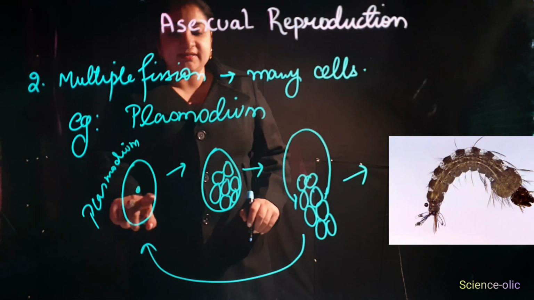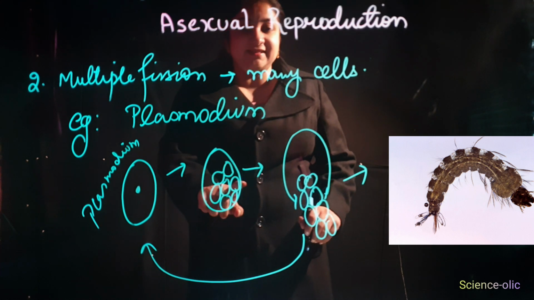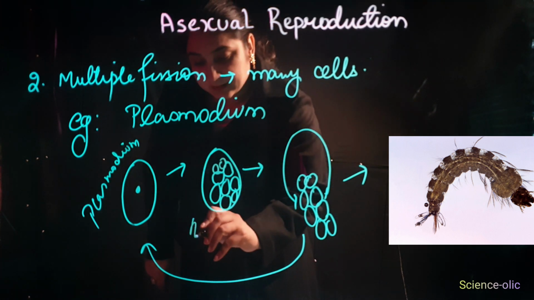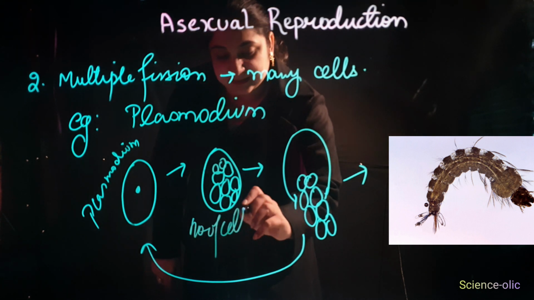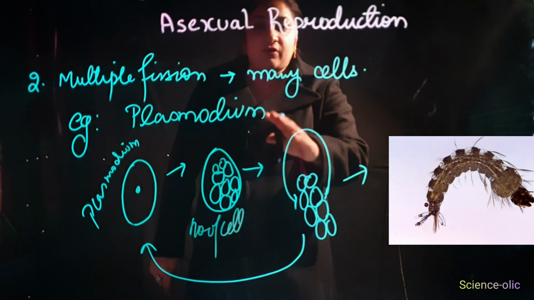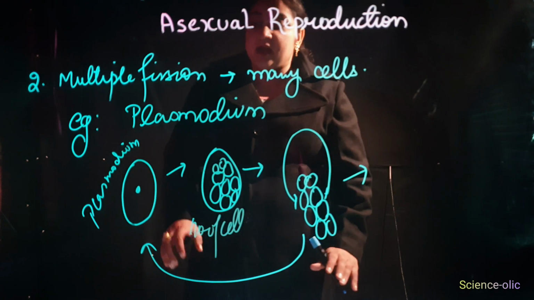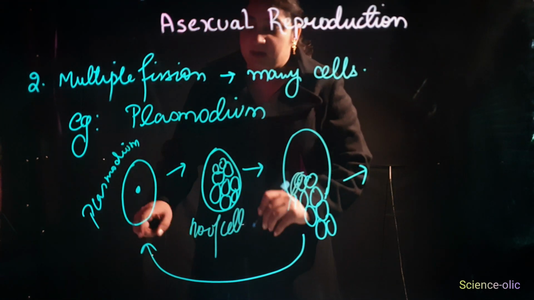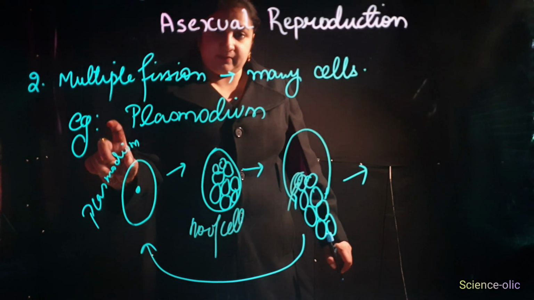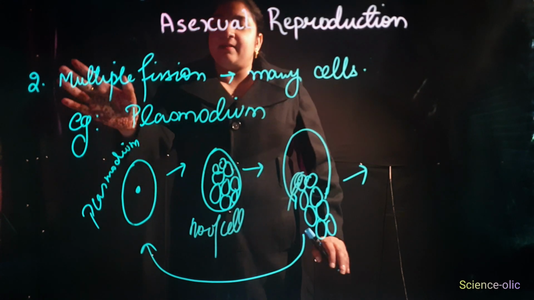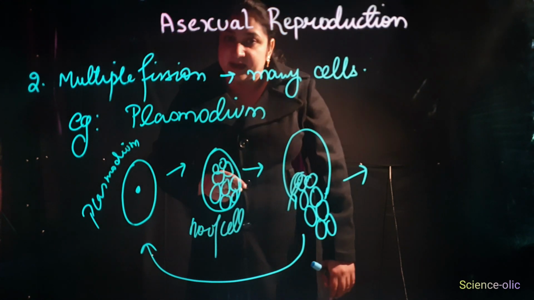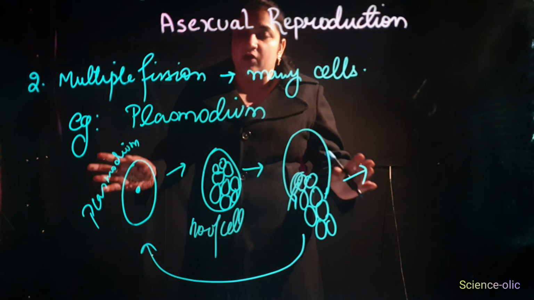It divides into a number of cells, many cells, and then it further oozes out from the body and forms the plasmodium again. A single cell will form the plasmodium. This is known as multiple fission. Asexual reproduction, no organs involved.